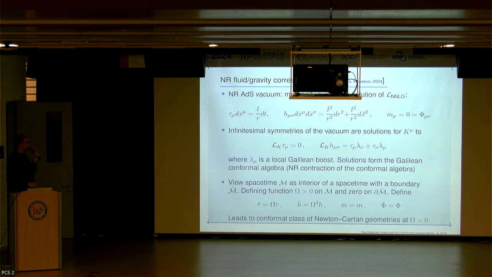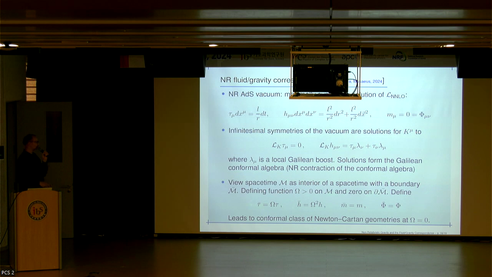Now, you can show that when R goes to 0, this blows up, and that this admits a boundary in the Penrose sense that we know from AdS/CFT. Very formally, you can think of the spacetime as the interior of some other spacetime M-bar that has a boundary. Then there is something called a defining function that is positive on M and 0 on the boundary, and its derivative is non-vanishing on the boundary.